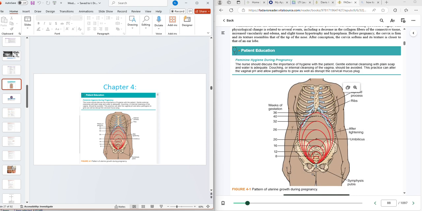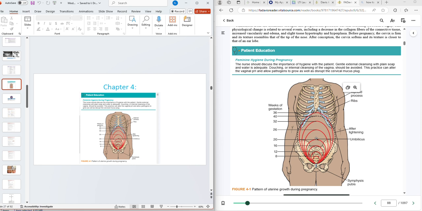So at about 12 weeks, we have our symphysis pubis, okay? So here, I know it's pointing to here, but our symphysis pubis is 12 weeks gestation. So we feel that bony prominence at our pubic area, and that's about 12 weeks gestation when we're measuring.